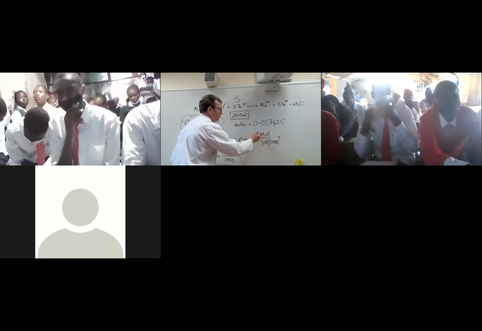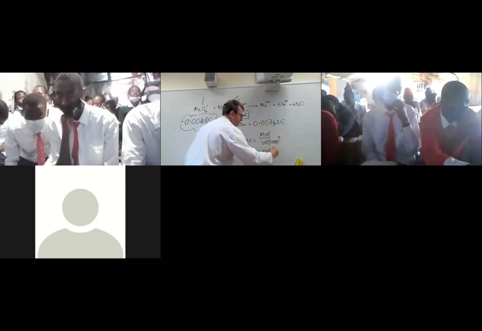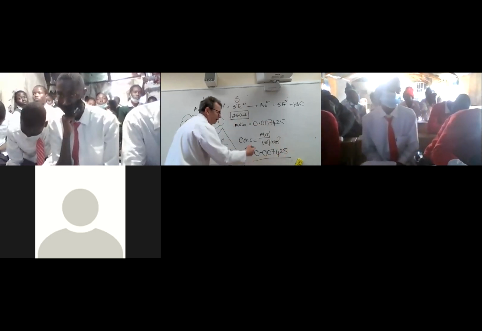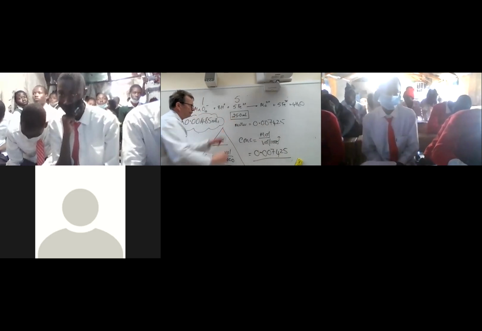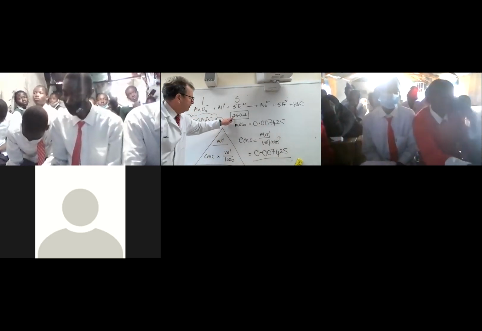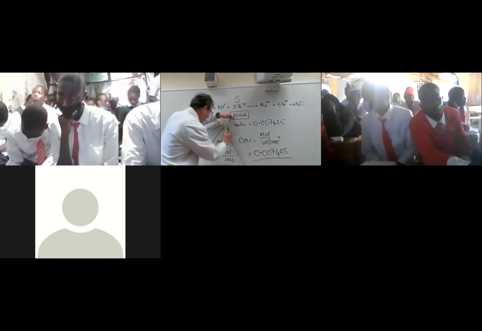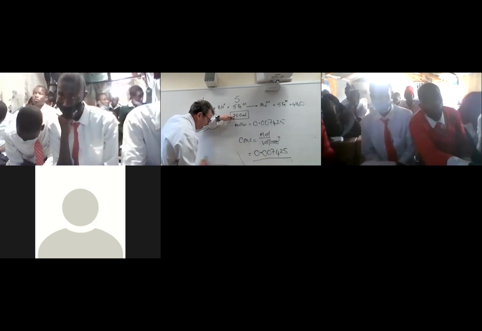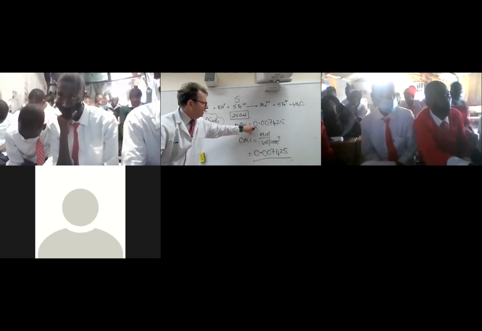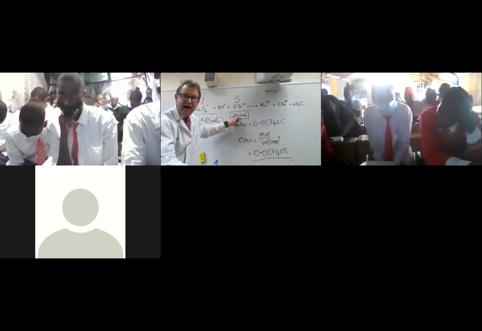So the moles is 0.007425 over the volume, and we look back in the question, and here it is. Here is the volume of the iron. This is the moles of the iron, and that many moles is in this volume. So we want to work it out per liter.